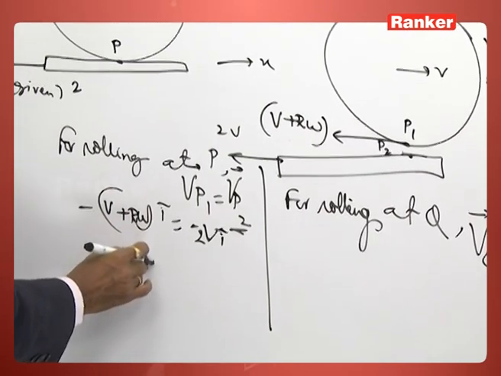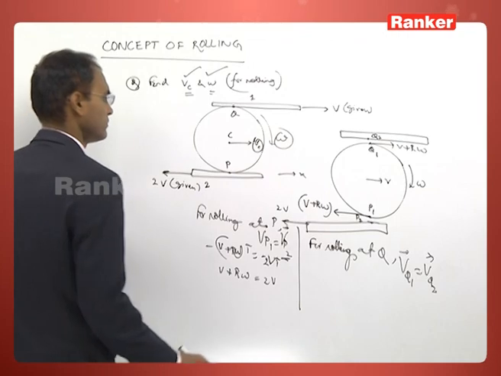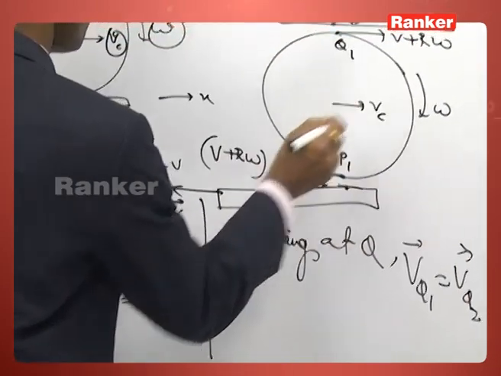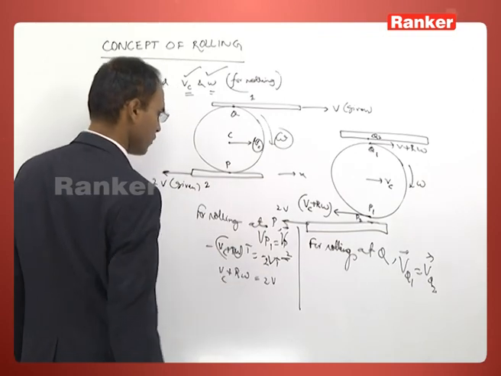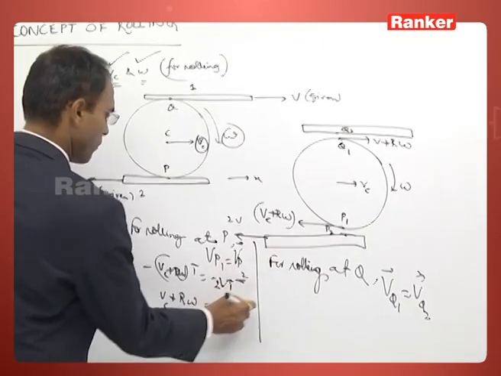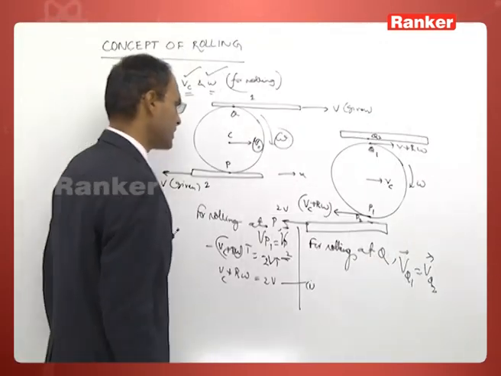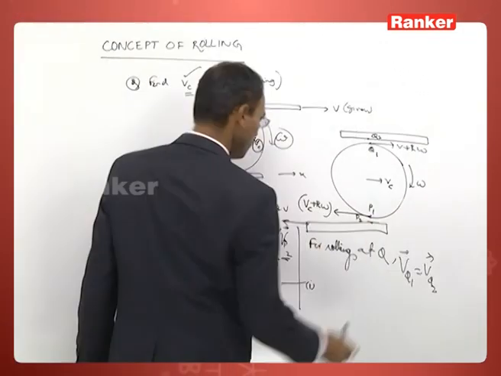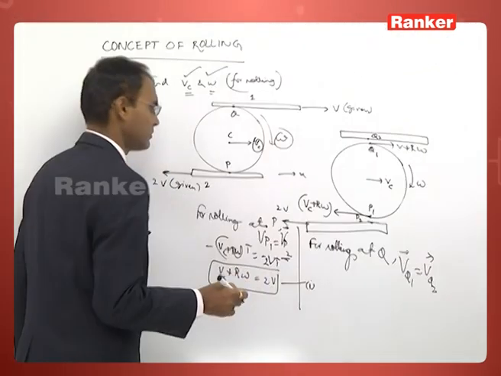Therefore V plus R omega is equal to 2v. This is not V, this is Vc actually. Vc plus R omega is equal to 2v, equation number 1. Equating the velocities at these 2 points P1 and P2, we got this equation 1.